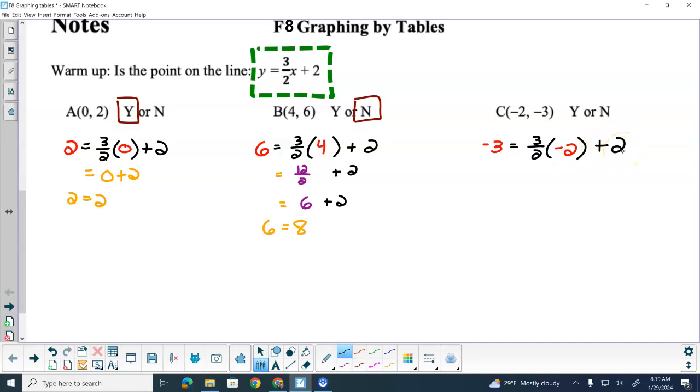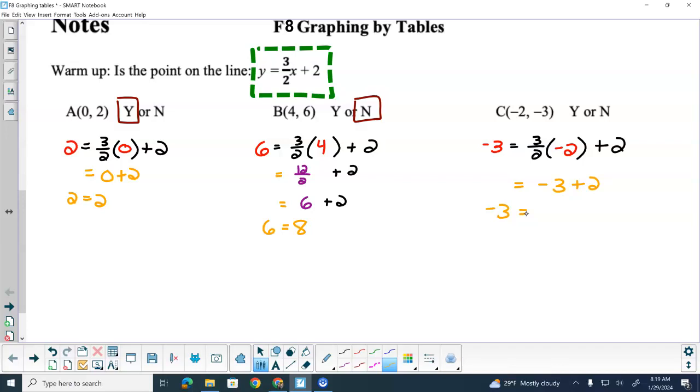Plus 2. So then this one, these cancel each other out. The 2 cancels out the negative 2, but it still leaves a negative, so that's going to be negative 3 plus 2. Negative 3 plus 2. You've got to go up, right?